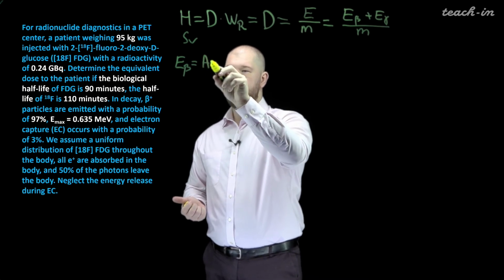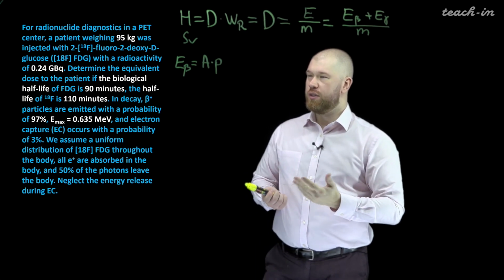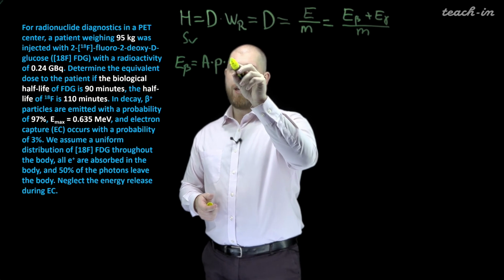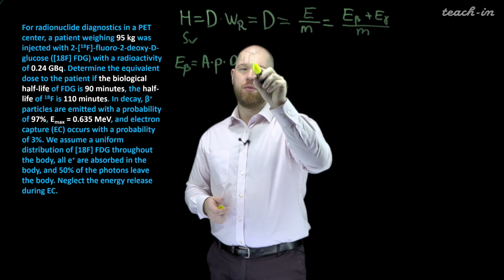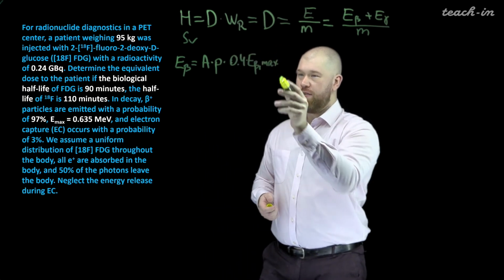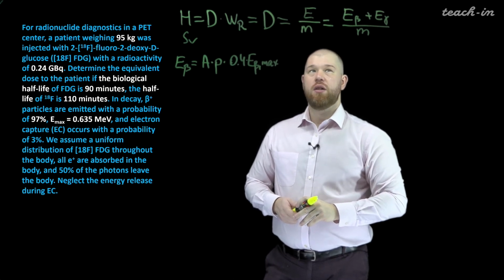The energy of the beta particles is the activity multiplied by the probability of the emission of these particles and the average energy of the beta particles. So it is 0.5 multiplied by the maximum energy, which is the average energy of the beta particles.